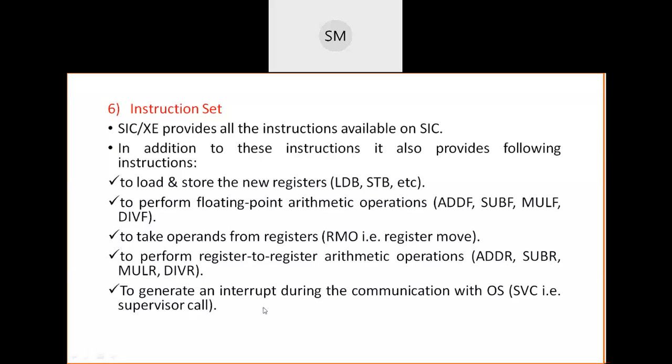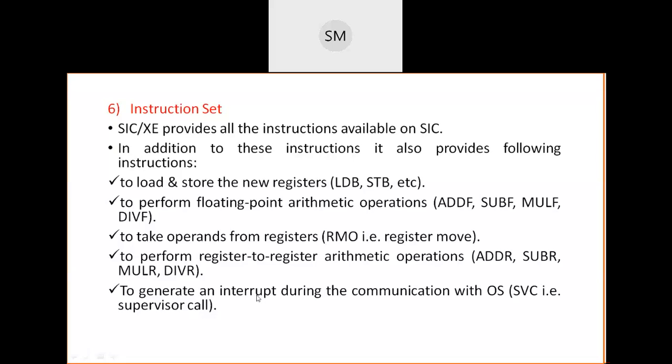And then one more very interesting instruction is there, that is the SVC instruction. What does this SVC instruction do? It is useful to disturb our communication with the operating system.